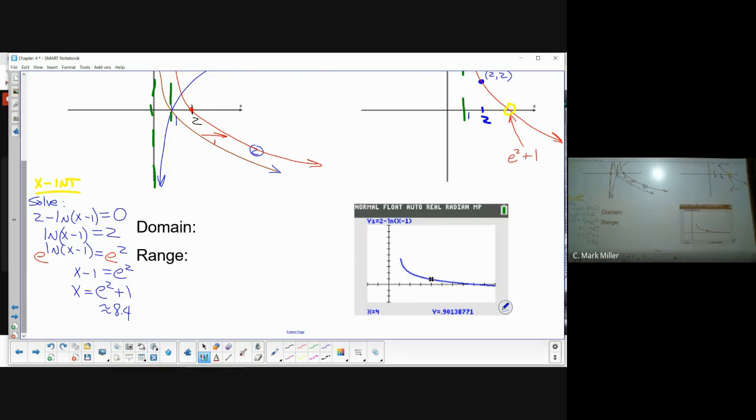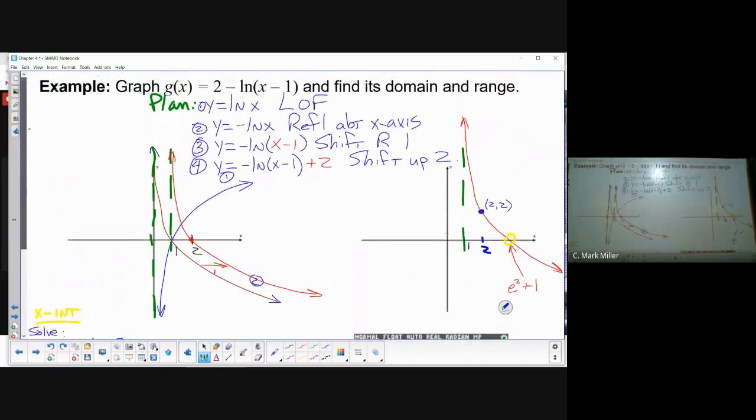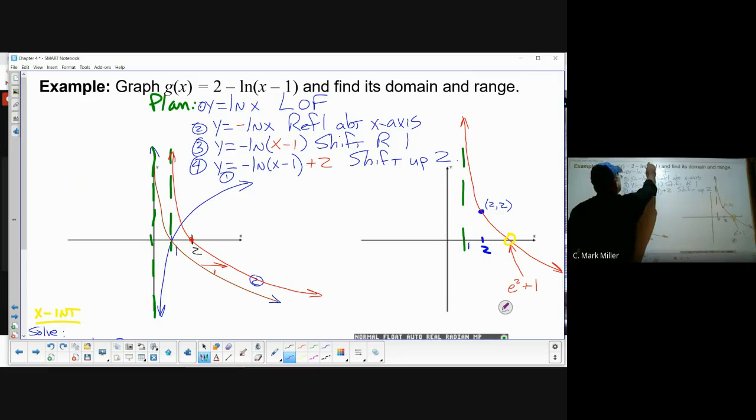Okay, any questions on how we got there? This is a pretty stiff graphing problem. If I could think of a way to make this harder in my evil mind, and don't write this down, I would have done something like 2 minus x. That would have been a little trickier.